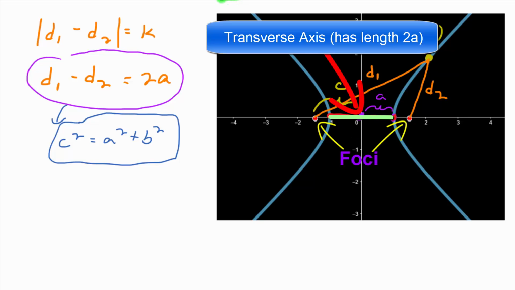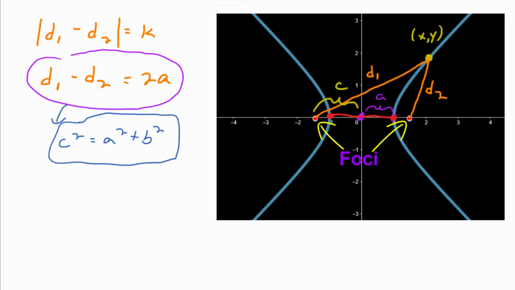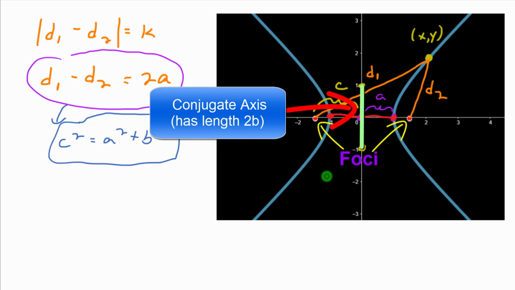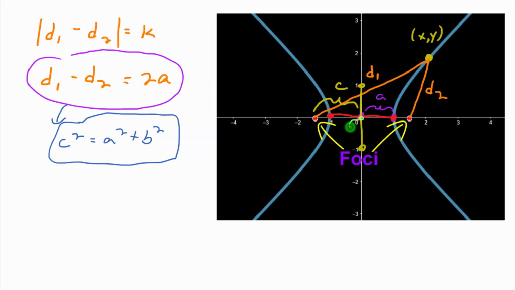And then the line segment that's perpendicular to the transverse axis that goes out a distance of B in either direction from the center, that line segment is called the conjugate axis of the hyperbola. So this distance from the center on out is B in either direction, this way as well.